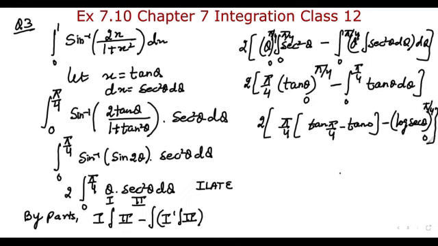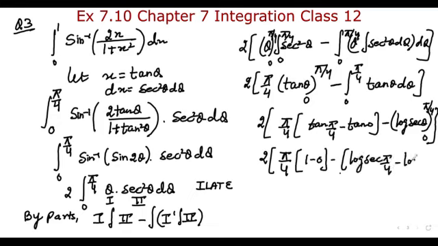This is very simple. Just listen carefully and then practice after that. Whatever questions you hear, practice them so that you understand. tan pi by 4 is 1, tan 0 is 0, minus again log sec pi by 4 minus log sec 0.